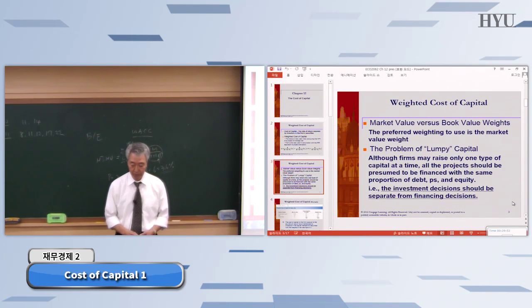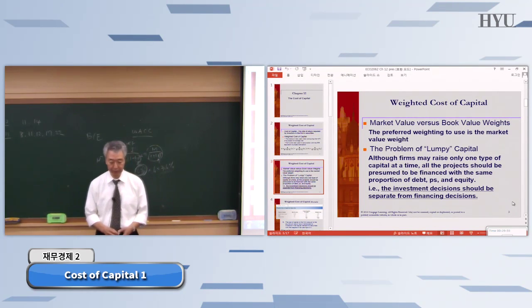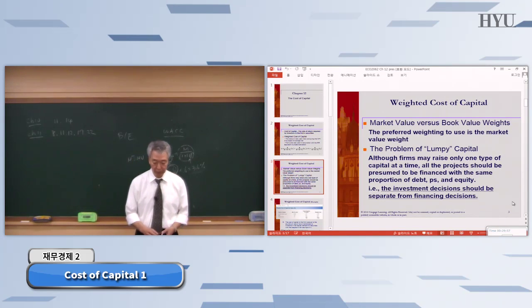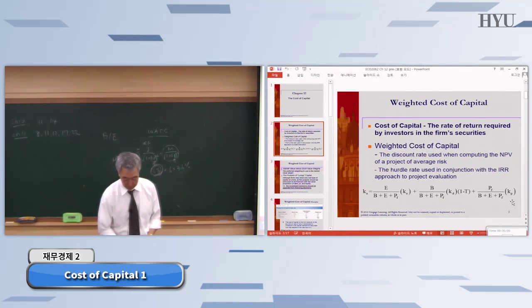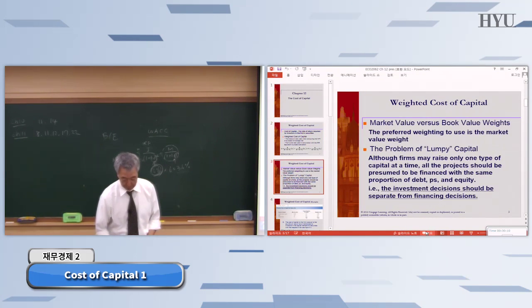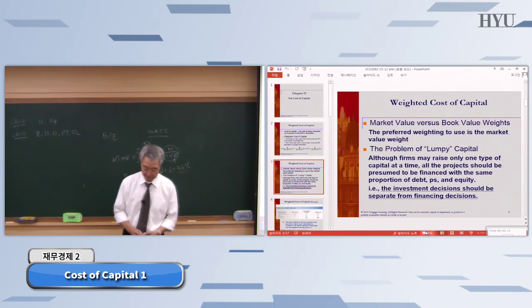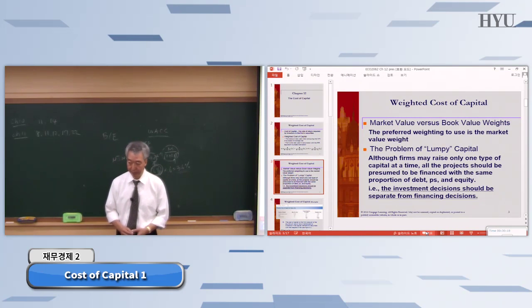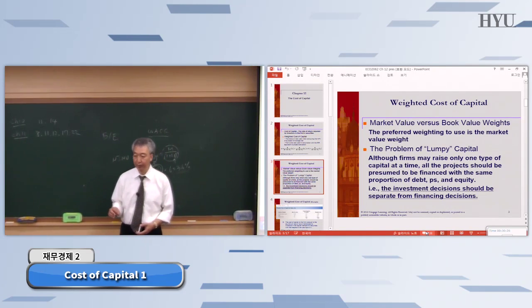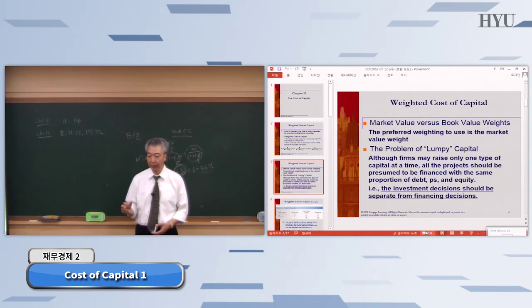There are a few more points for weighted cost of capital. So when we use this formula, going back to this slide, for this amount of equity, amount of debt, amount of preferred stock, should we use market value of those items or book value of those components? If you're talking about debt, they may not be that different.